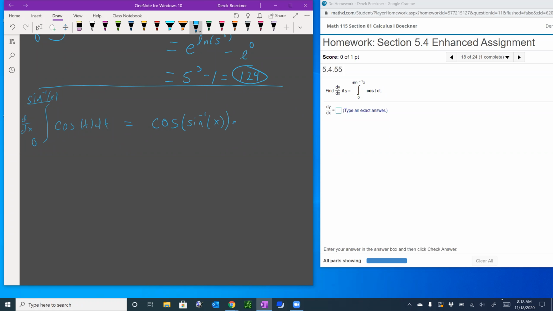Does anybody remember what the derivative of the sine inverse is? Yep. We're good with this? Hard part's probably remembering that bit. Okay. What is the cosine of the sine inverse in terms of x?